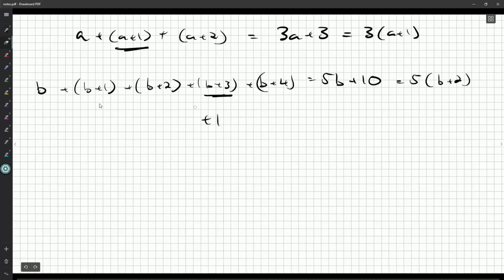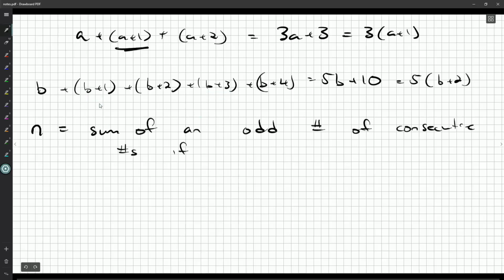So that's a nice rule. A number is a sum of an odd number of consecutive numbers if n is a multiple of that odd number.